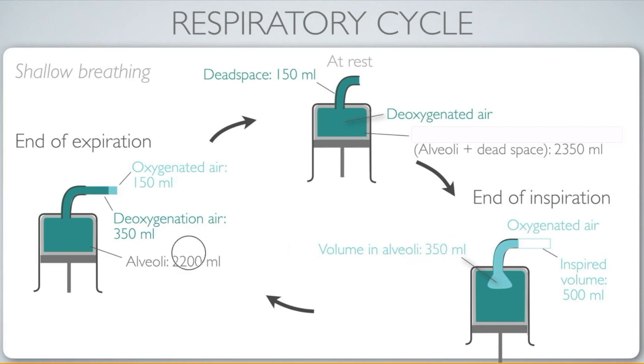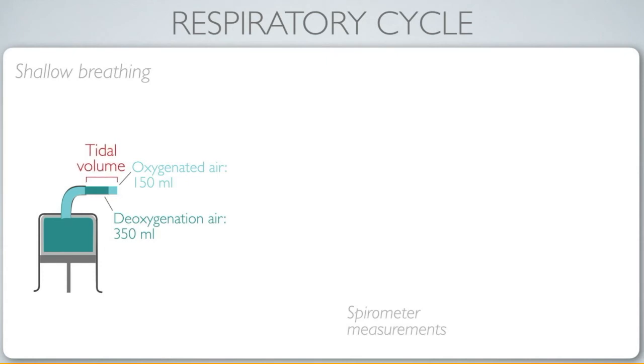And then in the alveoli, we're left with 2200 milliliters. This functional residual capacity is the volume of the alveoli plus the dead space. That volume of air that you exhale is known as the tidal volume. It's also the amount that we inhale, 500 milliliters.